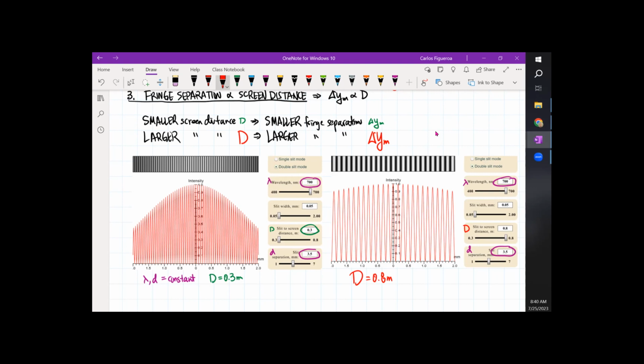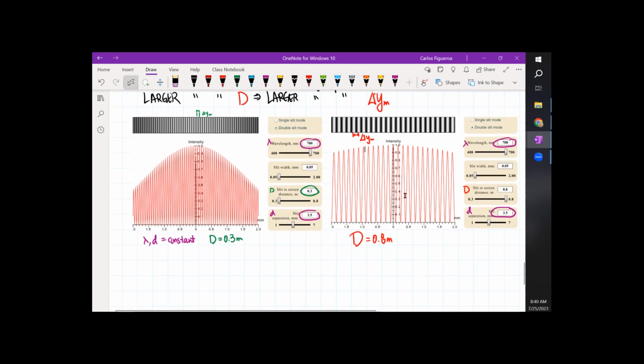So look at the fringe separation. In this case here, you could see that the fringes are just little tiny y of m's. Here, you're seeing that the fringe separations are bigger, not much bigger, but they're definitely bigger. And so then we could start looking at our process here.